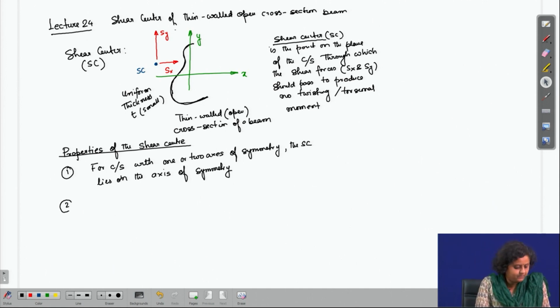The next property is that any shear load that does not pass through the shear center can be represented as an equivalent system.